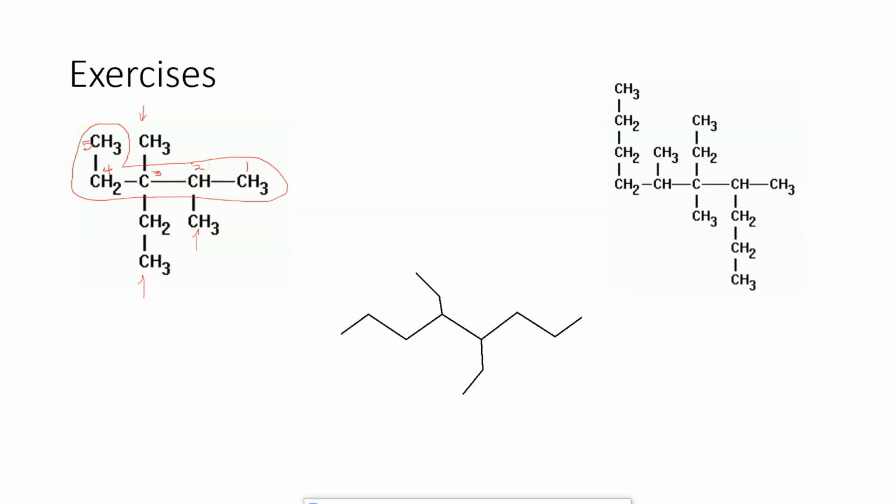Okay? Now, I have to assign numbers and names to my substituents. So for example, this one here is a methyl, right? Because it has only one carbon and is in position 1, 2, 3. So over here I have a 3 methyl. Over here, this is a methyl 2, right? In position 2.